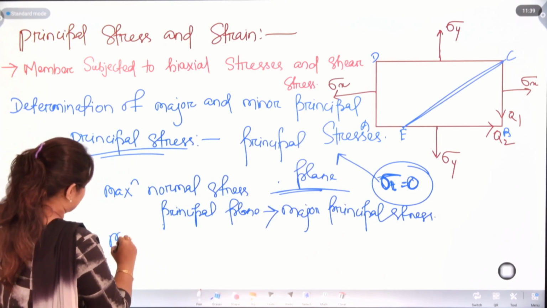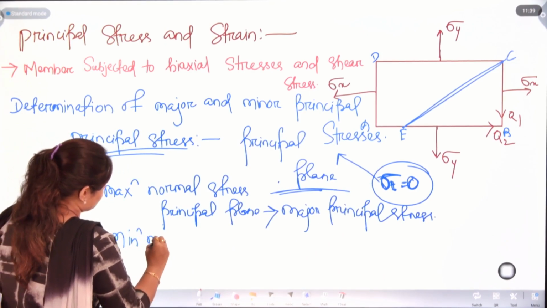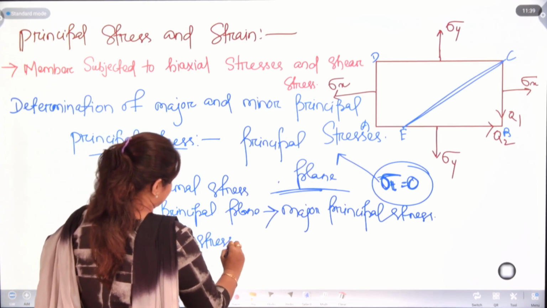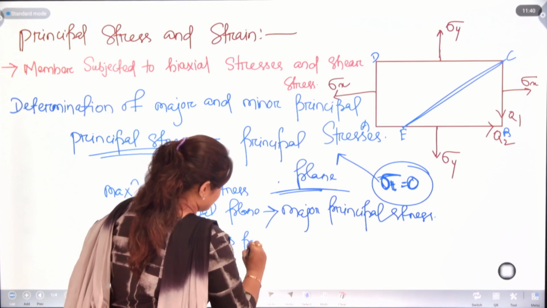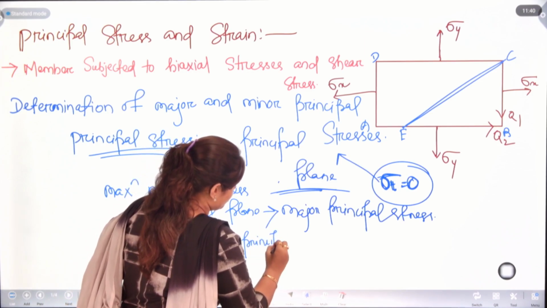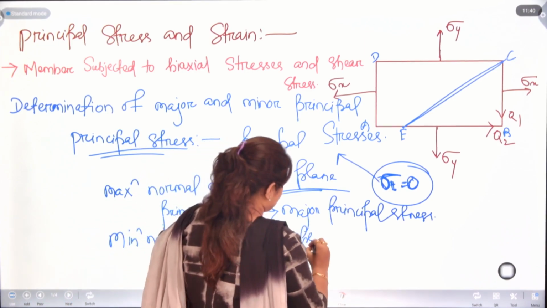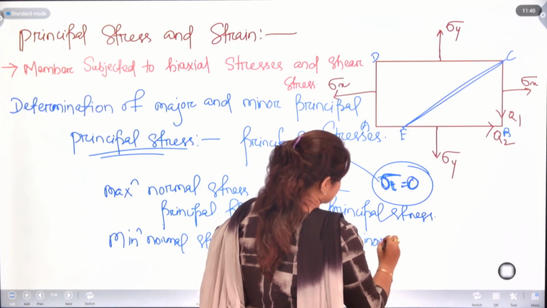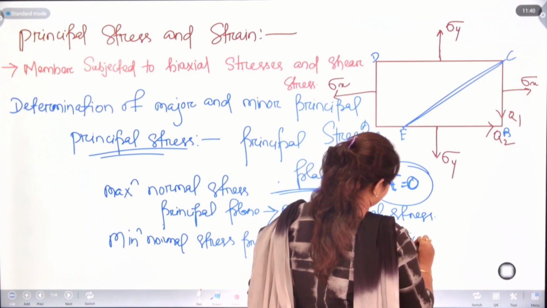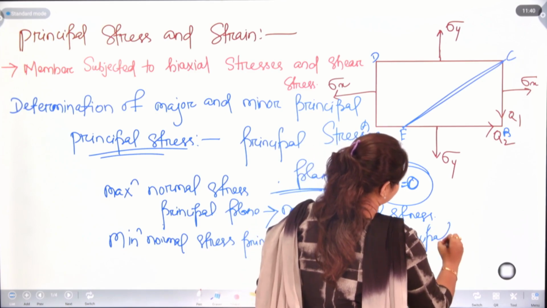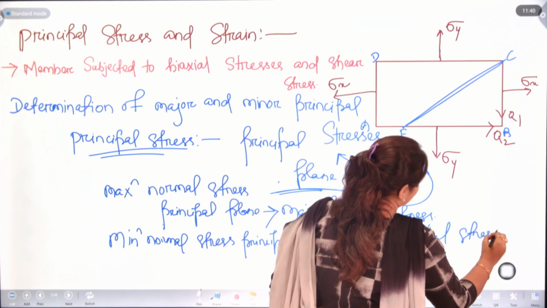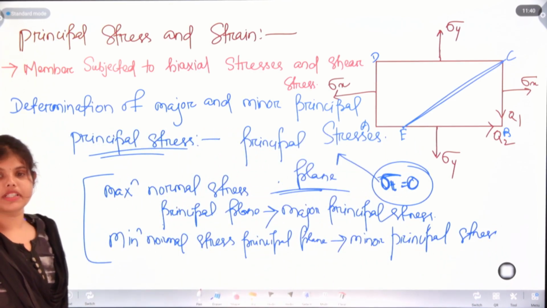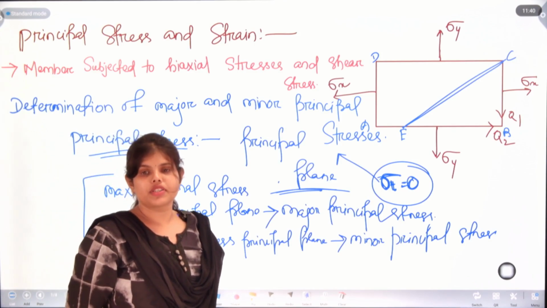Also, the minimum normal stress in case of a principal plane will be termed as minor principal stress. Here I have written two things: what are major principal stress and what are minor principal stress.